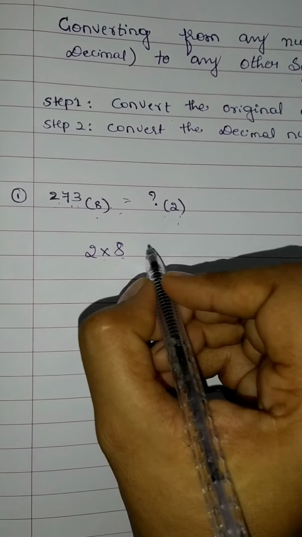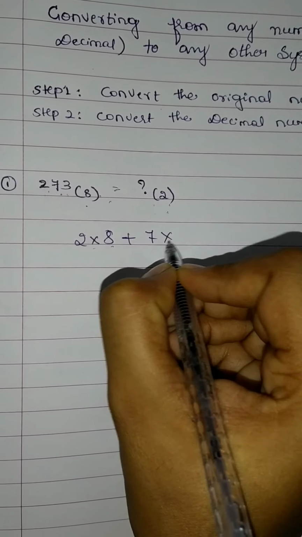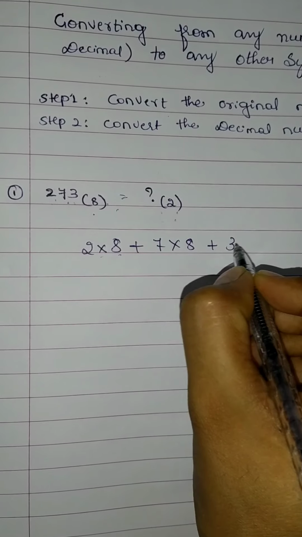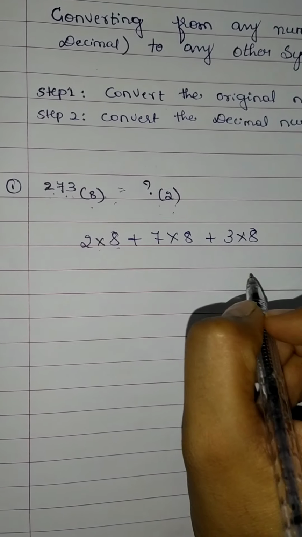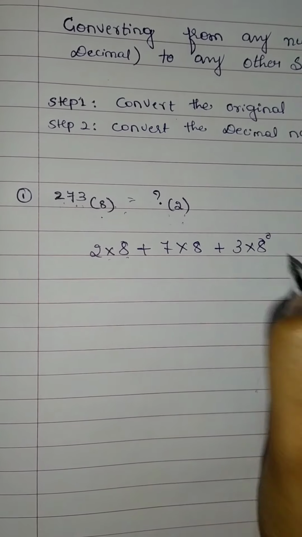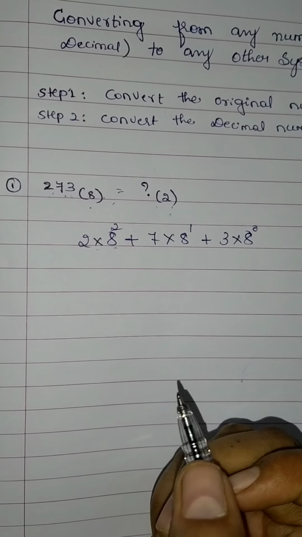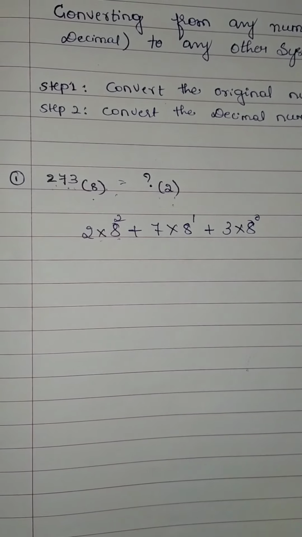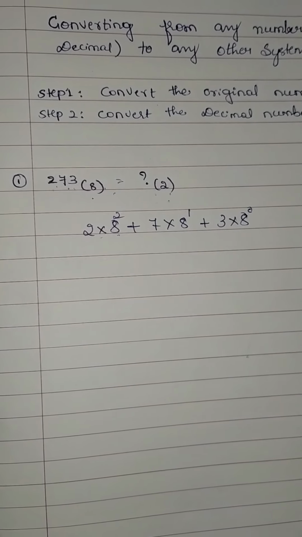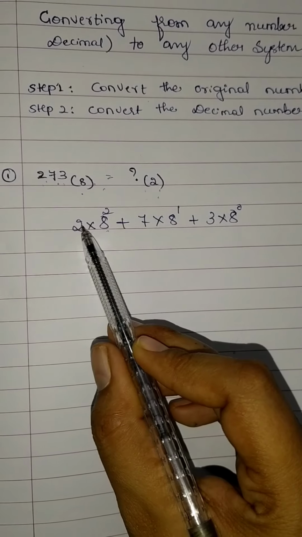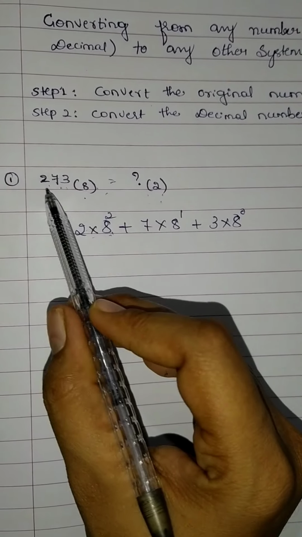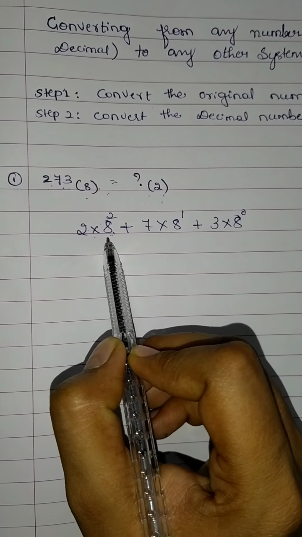First we need to give the weightage: 8 power 0, 8 power 1, and then 8 power 2. Any number system into decimal means we multiply with the respective number system's base or radix.